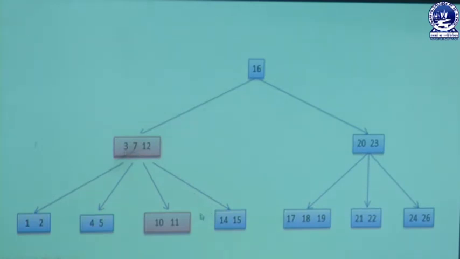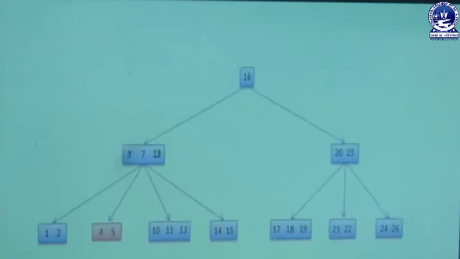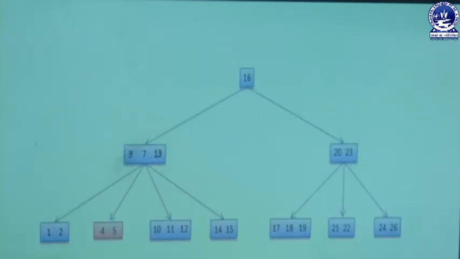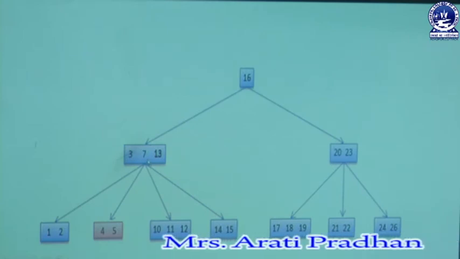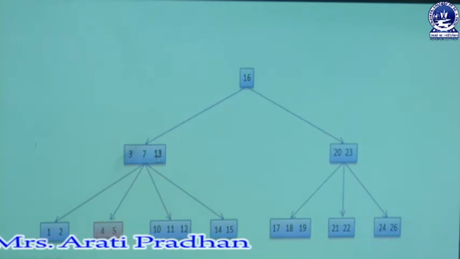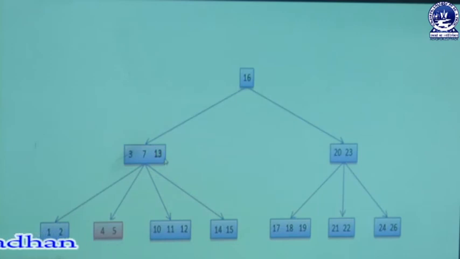Here again I want to show you the previous one. You can see that only 3, 7 will be present, and if we delete 13, then the node in between 7 and 13 and the node which is after 13, it means the keys 10, 11, 12, 14, 15 will be merged.